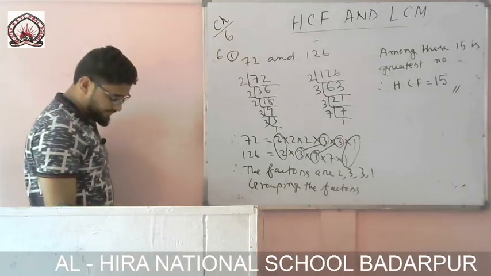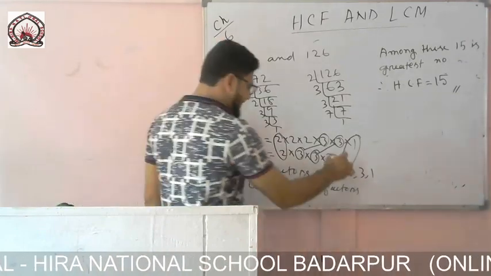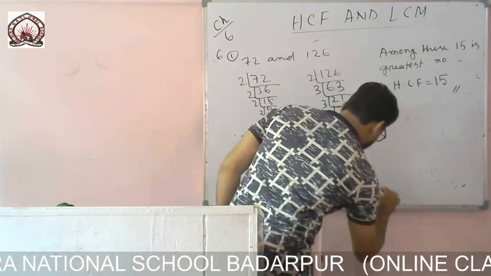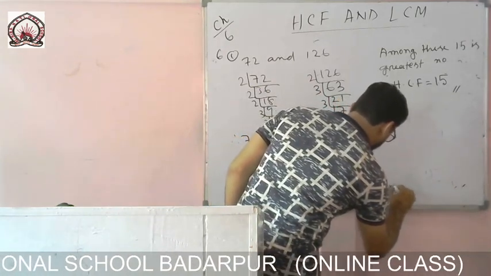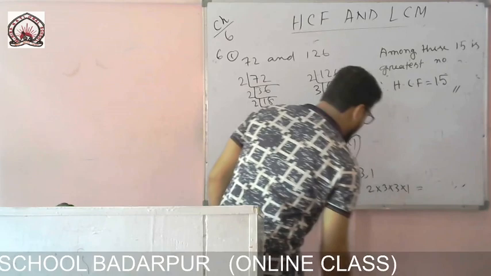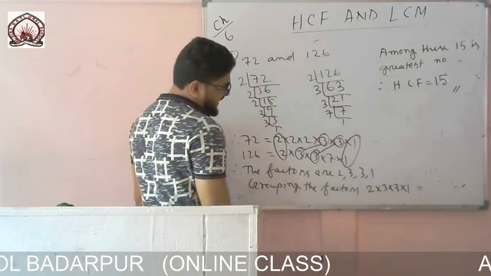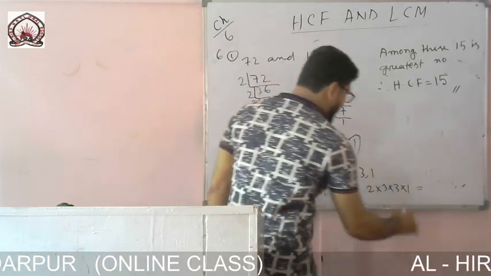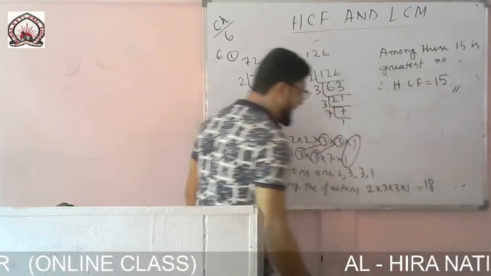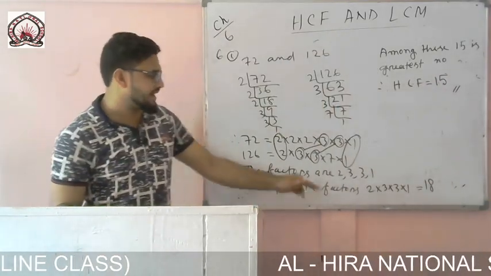What shall we get? You just multiply it. That means 2 into 3 into 3 into 1. What will you get? 2 3s are 6 and 6 3s are 18. So 18, another we got.